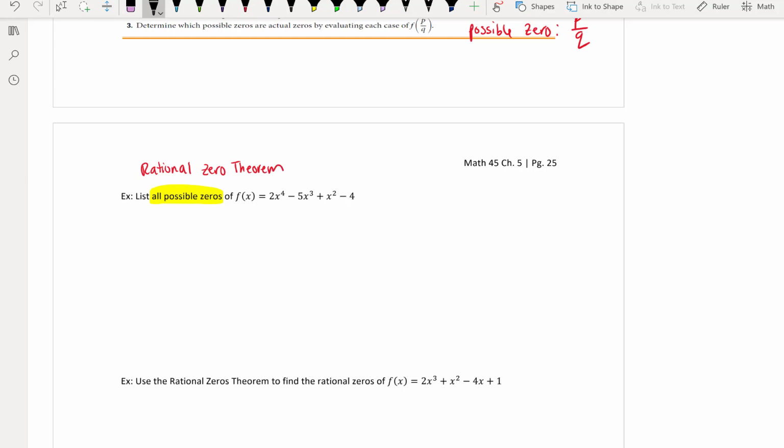So remember that theorem, we have it such that f of x is equal to a n x to the n plus ... plus a naught. And the most important thing here is that the leading coefficient a n corresponds to q, versus our a naught corresponds to our p.